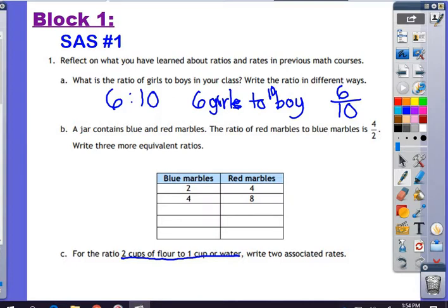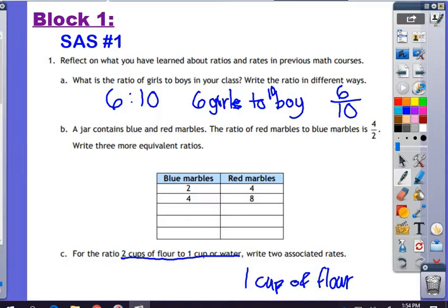But they said to write 2 examples. Well, what if I only had 1 cup of flour? How much water would I need? I have 1 cup of flour.